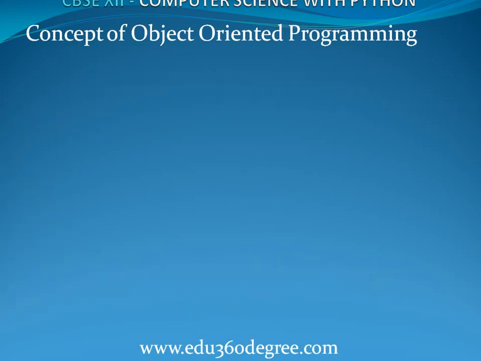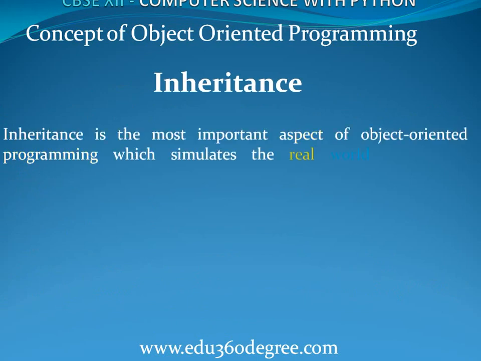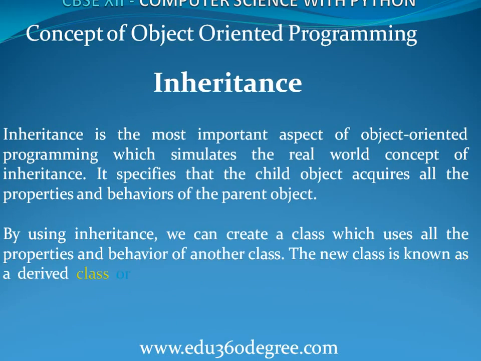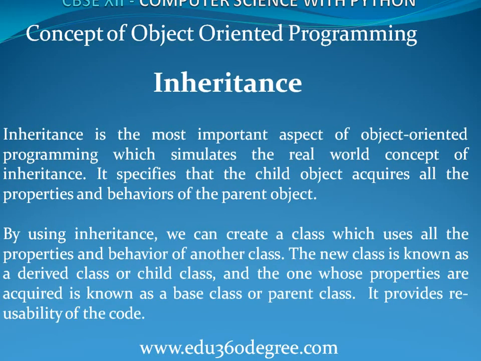Now inheritance. In the real world you must have seen inheritance. As the name suggests, an object is able to inherit characteristics and behavior from another object. Inheritance is the most important aspect of object-oriented programming, which simulates the real-world concept of inheritance.